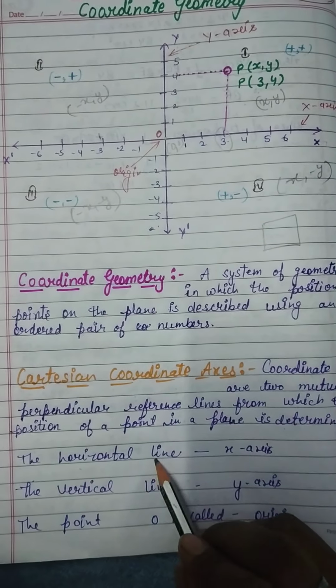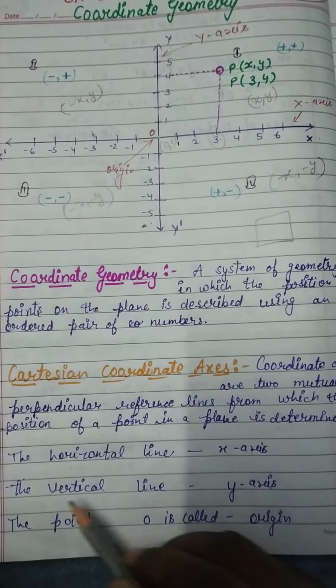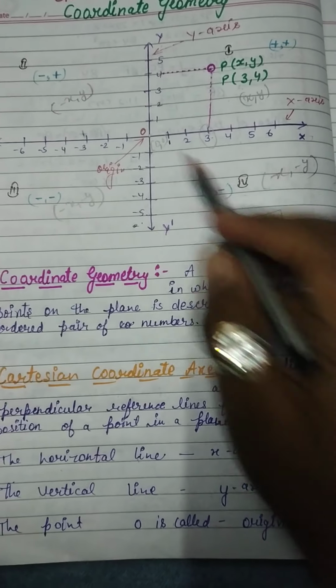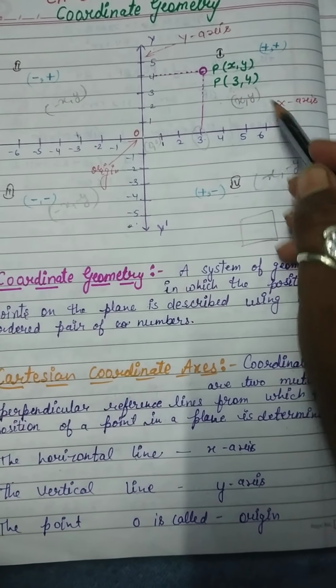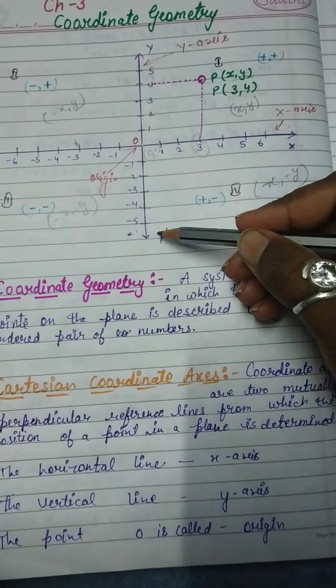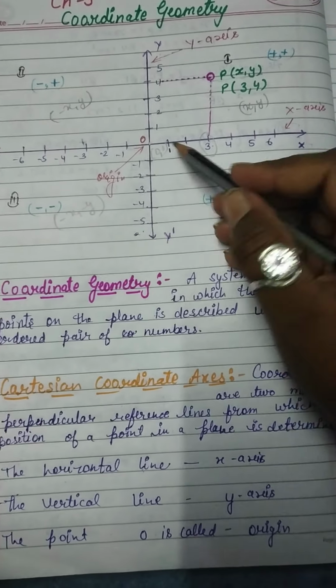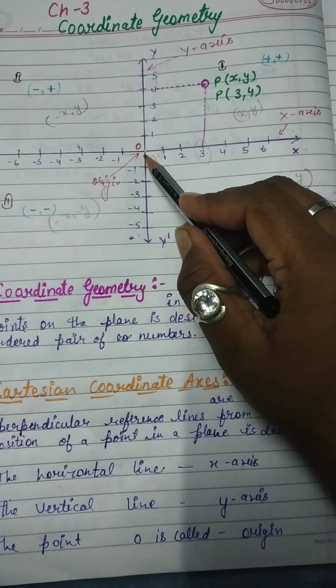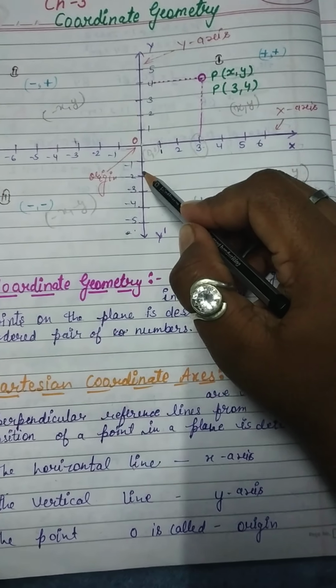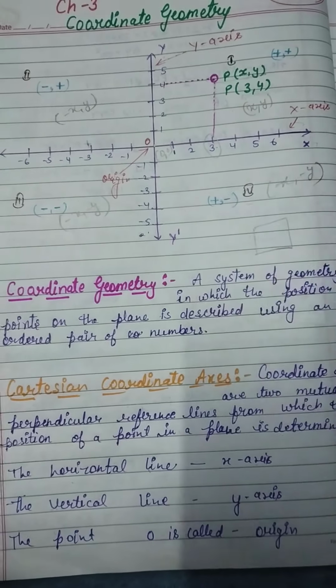The horizontal line is the x-axis, the vertical line is the y-axis, and the point O is called the origin, the intersection point of these two axes.